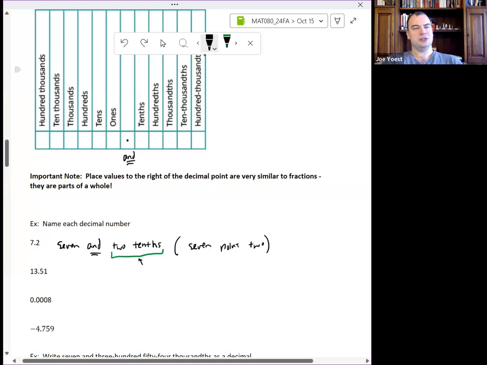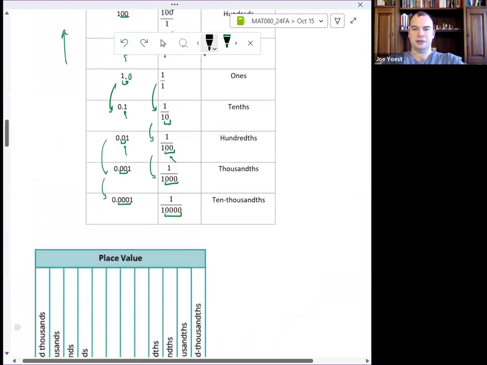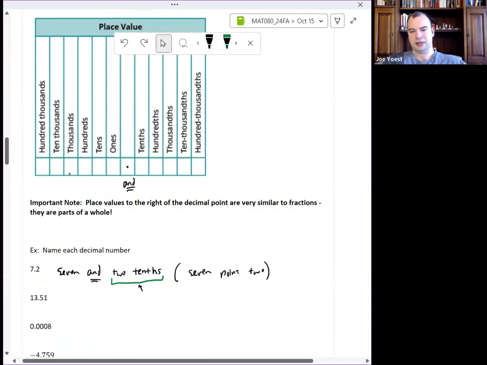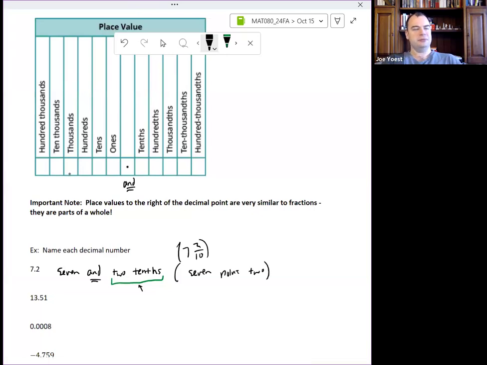And number two, I think it's also reminding us over and over again that these really are fractions. So it's 7 and 2/10. We haven't quite gotten there yet, but verbalizing it this way is a natural lead into thinking about this as, say, a mixed number or a fraction.